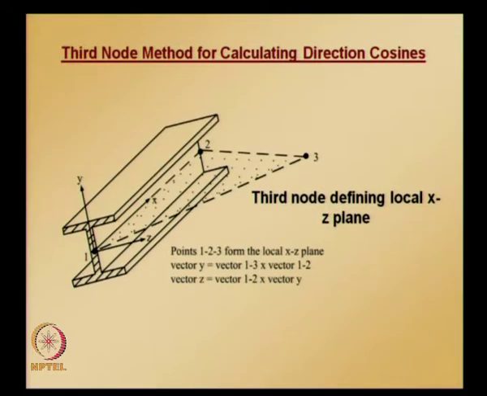using this figure. Here an arbitrarily oriented space frame element is shown, in which local x axis is a vector going from node 1 to node 2, and local z axis, local y axis are also shown.